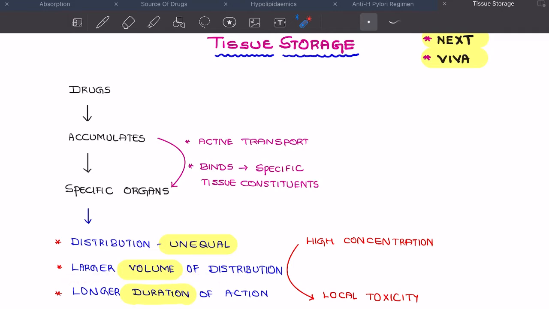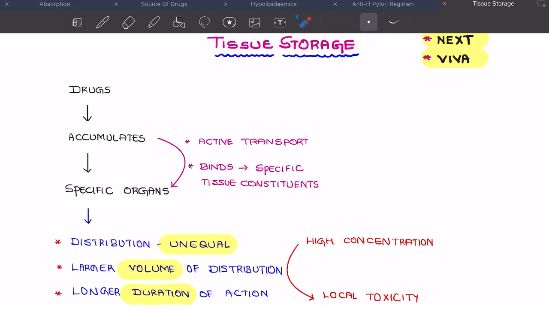So whichever drugs get accumulated into specific organs will have unequal distribution and a larger volume of distribution, and altogether it will contribute to a longer duration of action. Since there is a larger volume of distribution, the higher concentration of the drug which stays inside the specific organ can lead to some local toxicity.